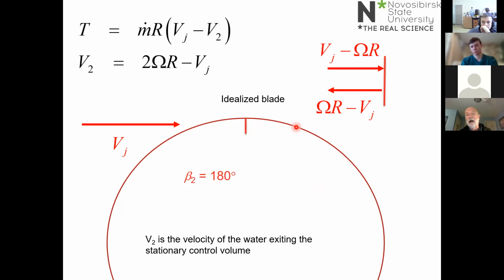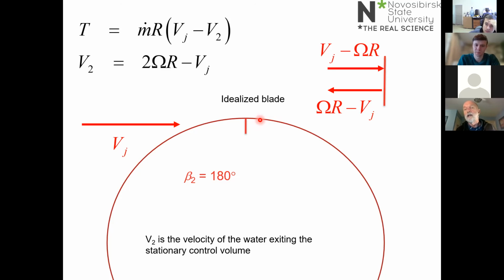Now, one thing that I haven't said about control volumes is that it is usually easier to have an inertial control volume, in other words, a control volume that does not rotate with the turbine. The reason is very simple. If you have the control volume rotating with the turbine, you may have non-inertial effects like centrifugal and Coriolis forces. So it's usually easier to draw a stationary control volume around a rotating turbine. That's what I did.